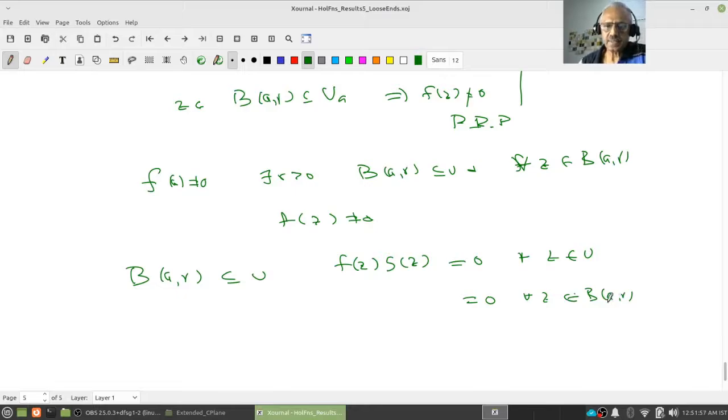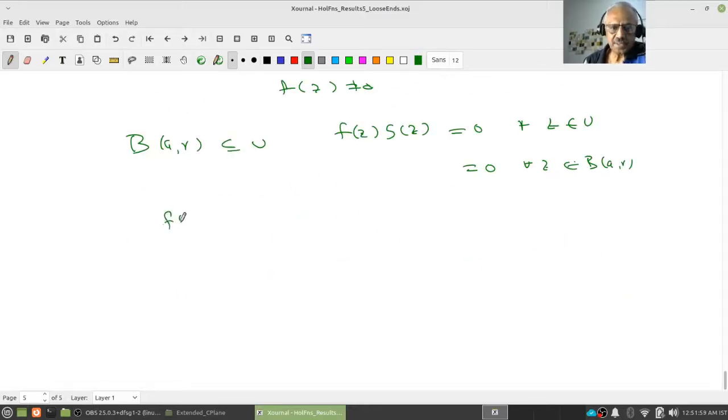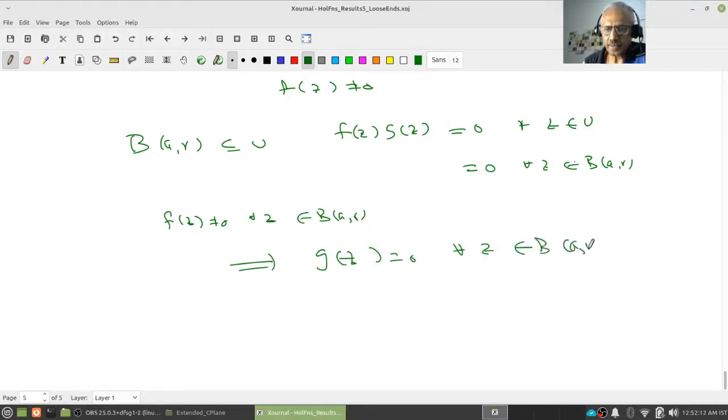But f(z) is not equal to 0 for all z in B(a,R). Therefore, what do I conclude? g(z) is 0 for all z in B(a,R).